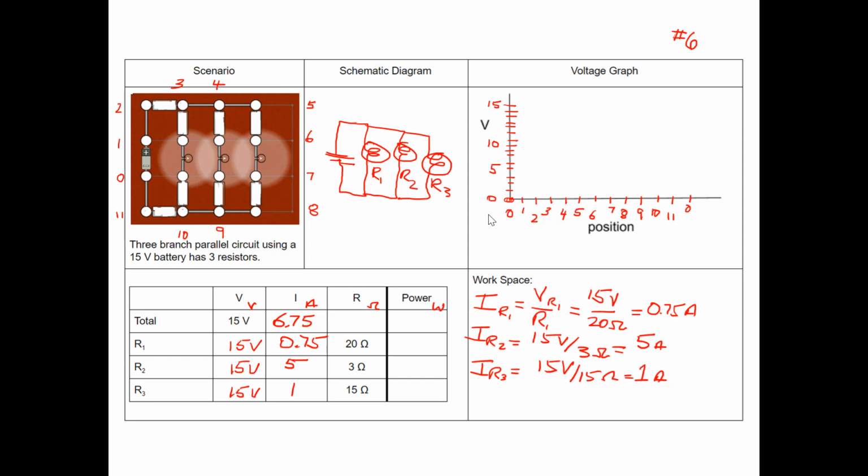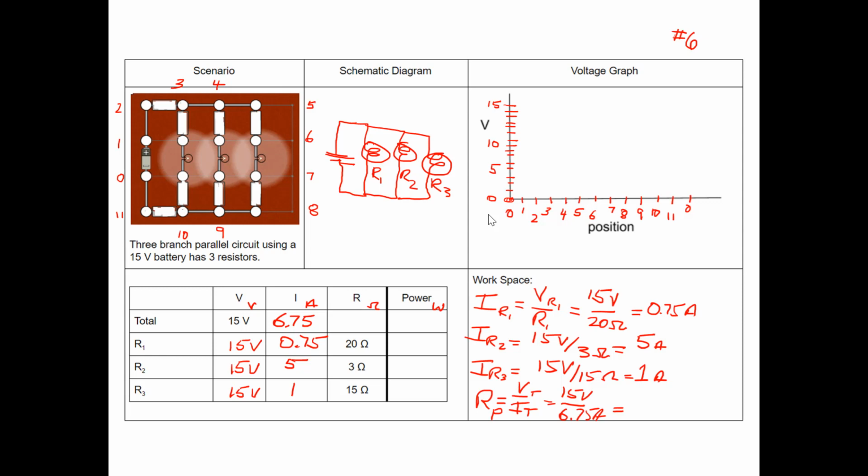We can figure out our resistance. Again, remember, Ohm's law applies for the circuit in its entirety and for each of the individual elements. Resistance is equal to voltage divided by total current. My voltage, 15 volts. The current, 6.75 amps. 15 divided by 6.75, put that in the calculator.